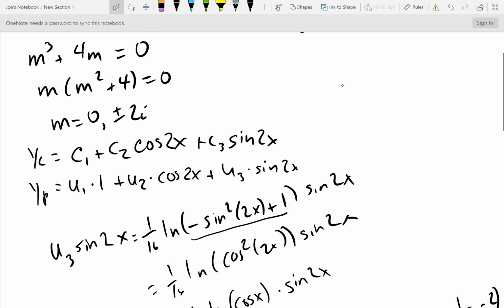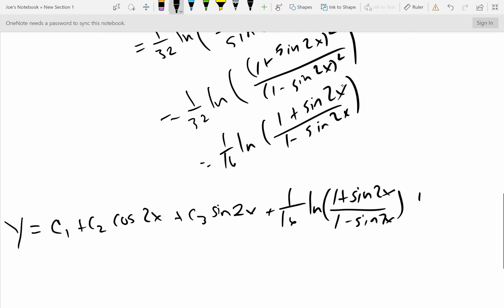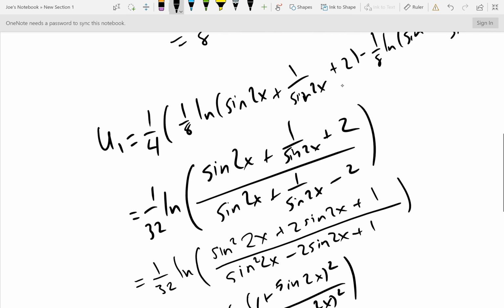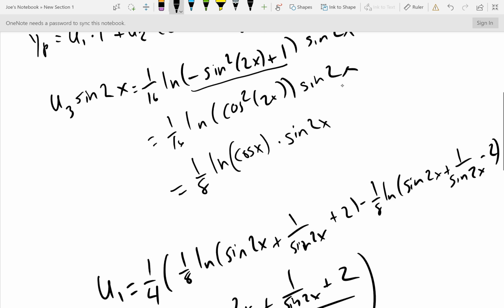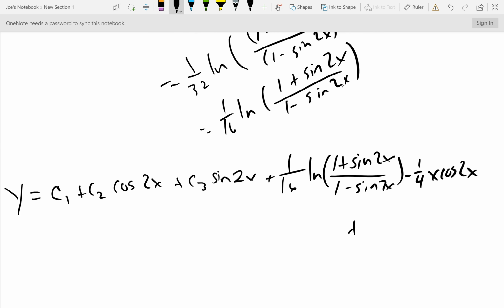Let's go back and grab our u2, which was negative 1/4 x cosine 2x. And let's go back up to our u3, which was the 1/8 natural log cosine x times sine 2x. And that would be our final solution to this equation.